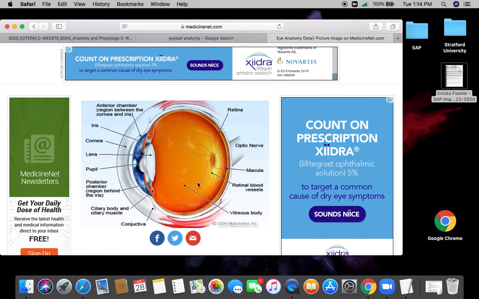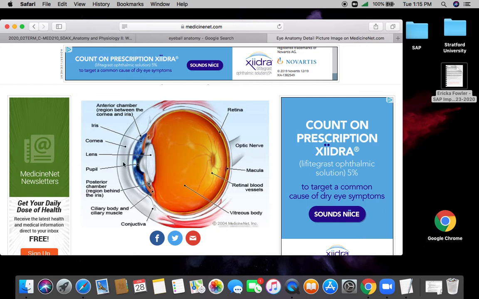So you have a jelly-like substance here in the posterior portion of the eye called your vitreous humor, right here. And then in the anterior portion of the eye here, that is your aqueous humor, which is filled with water. And again, water and jelly have 2 different refraction rates.